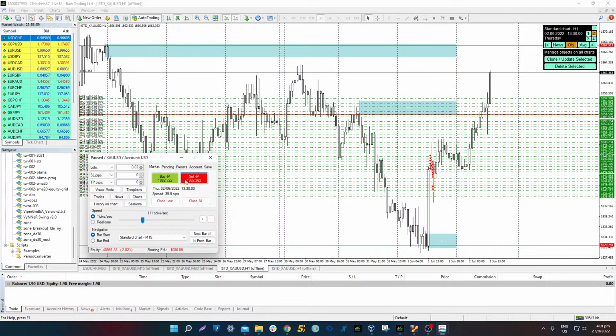I would like to add a bit more position. And definitely we need to look for an opportunity to get out at minimal loss.